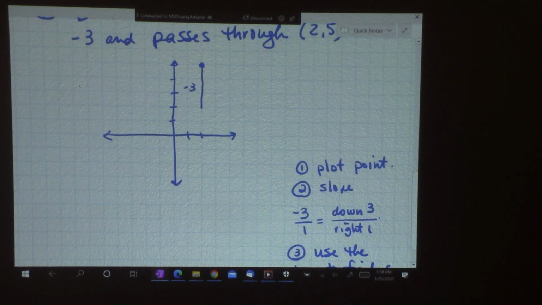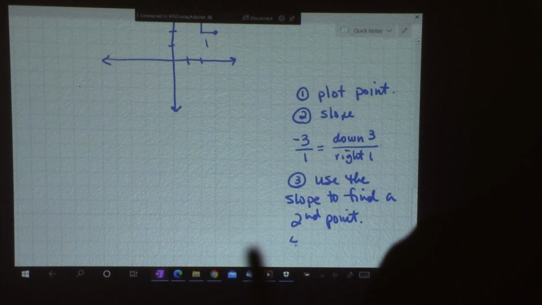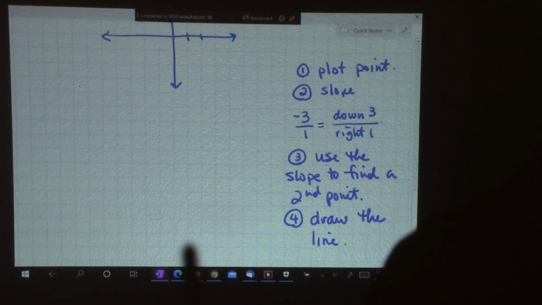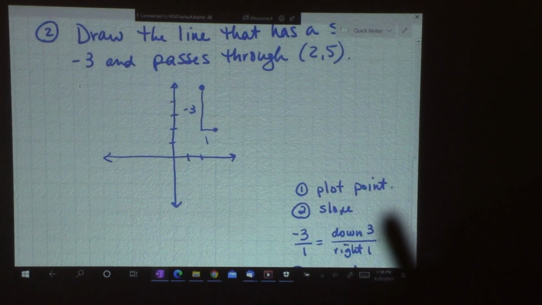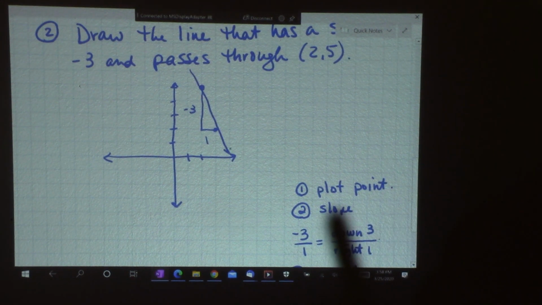There's my -3. And I'm going to go right 1. And I plot my second point. And the last thing I'm going to do is draw the line. Okay. So here's my line. Oh, I hope yours is straighter than mine.